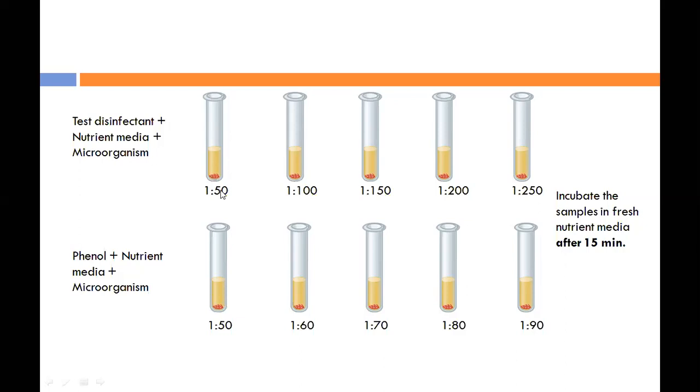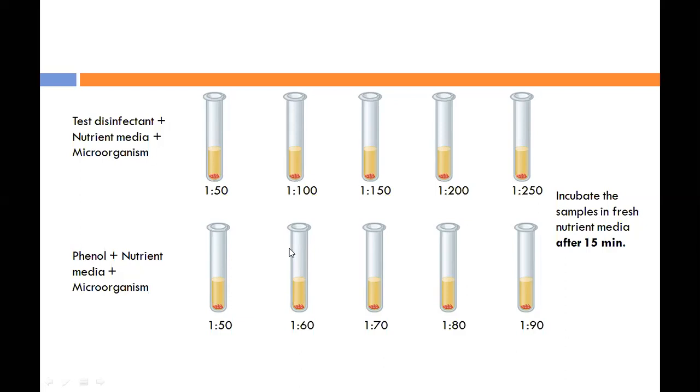So most probably there will be no growth observed after incubation at these concentrations. In the second test tubes, the concentration is decreasing because we are diluting it. These organisms will be able to grow to some extent.